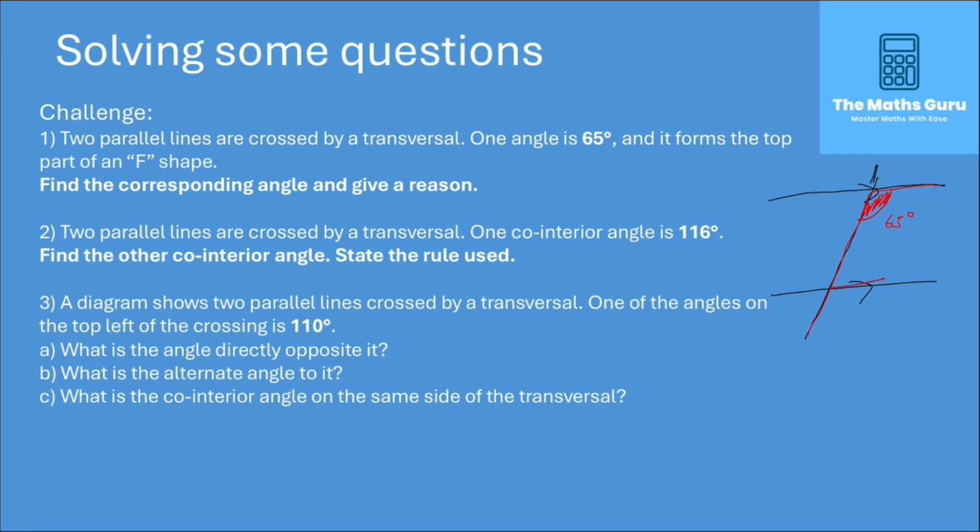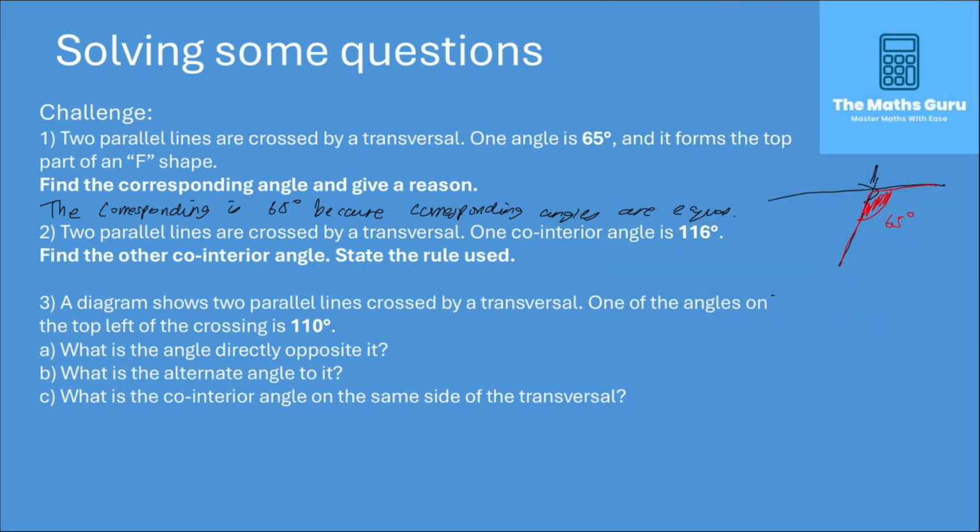So our bottom part is going to be our 65 degrees here, and we say here the corresponding angle is 65 degrees because corresponding angles are equal. And that is a good enough reason to justify our answer.